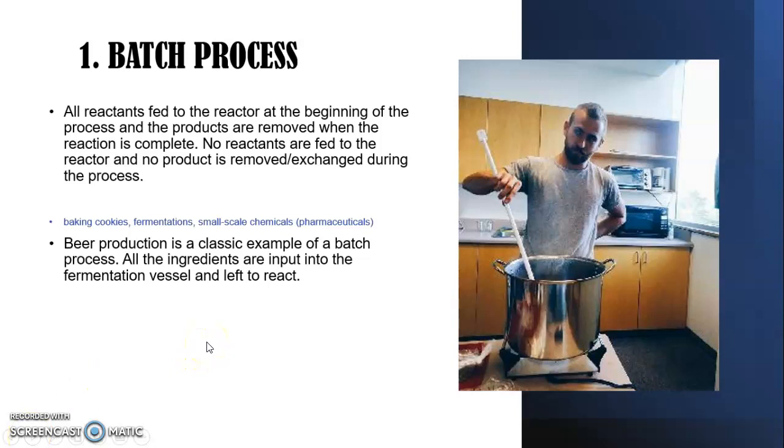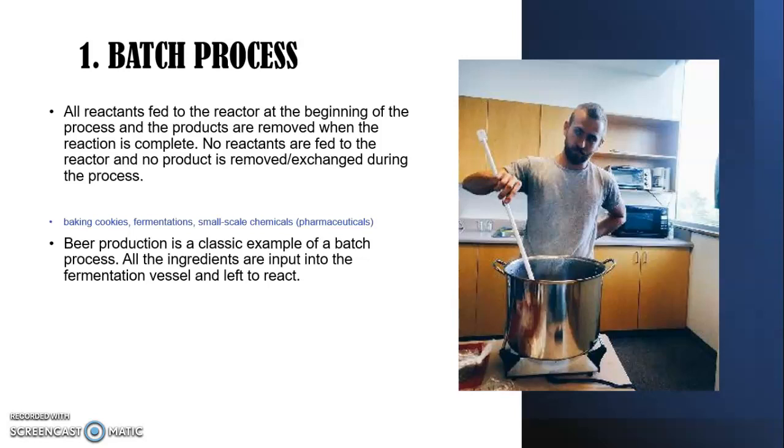Basically, batch process can be defined as when you put all reactant feed to the reactor at the beginning of the process and the product is removed when the reaction is complete. No reactants are fed to the reactor and no product is removed during the process.